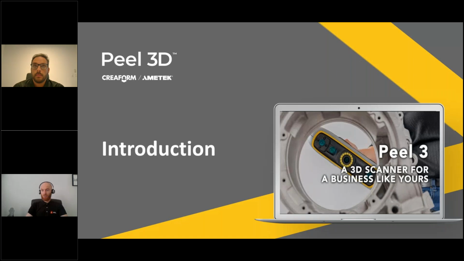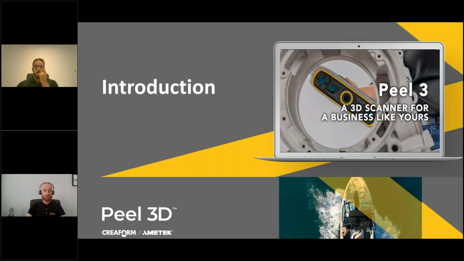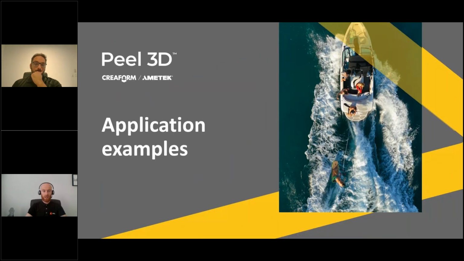So I think that probably covers most of what we wanted to touch on in the intro. We're going to look at some practical examples now of reverse engineering and metrology workflows, which Marcio is going to take us through, and then we'll get on to a few different industries that we work in with Peel. So over to you, Marcio.